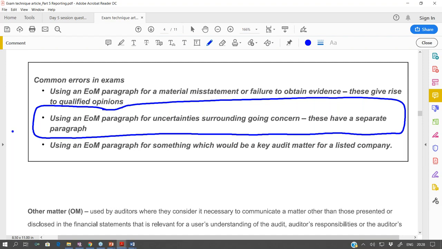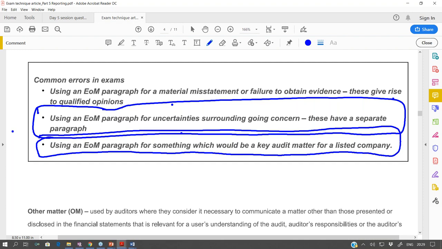And see the last one. Using an emphasis of matter paragraph for something which would be a key audit matter in a listed company. Be clear that the key audit matter paragraph comes in a listed company and an emphasis of matter paragraph comes in a non-listed company. So use an emphasis only where it would not be a key audit matter for a listed company. That KAM should be in a listed company.